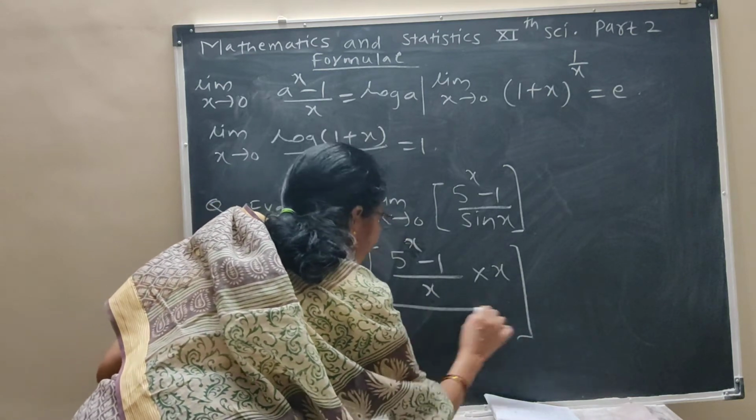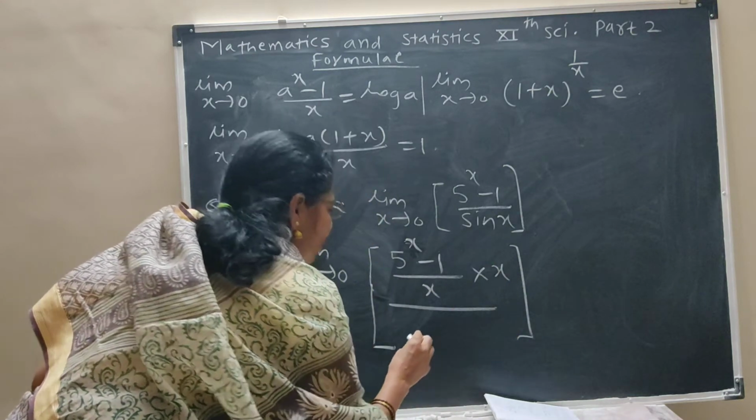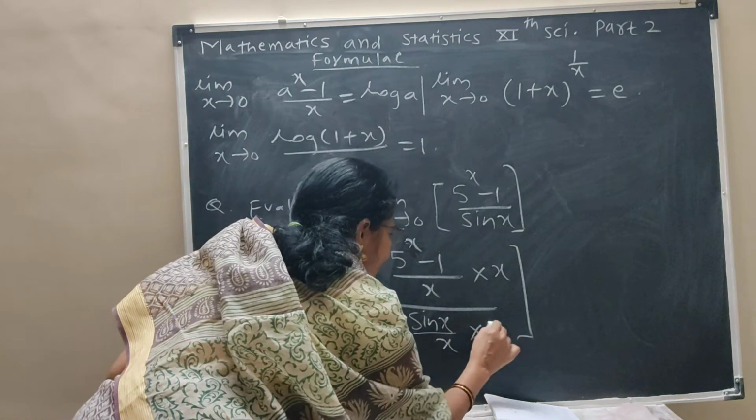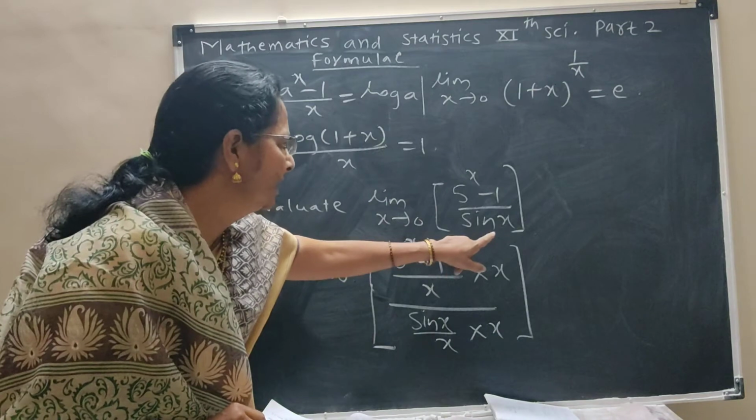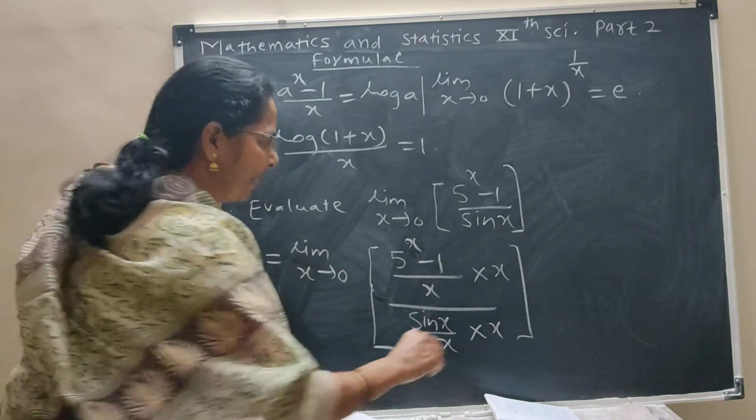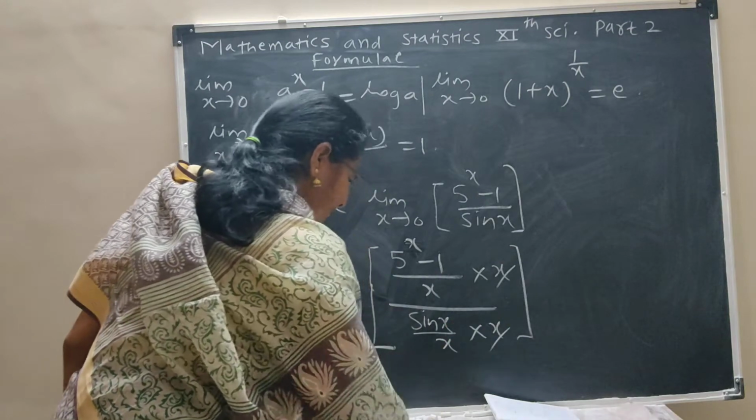Similarly, again there is sin x, so adjust that formula: sin x upon x into x. The x gets cancelled.